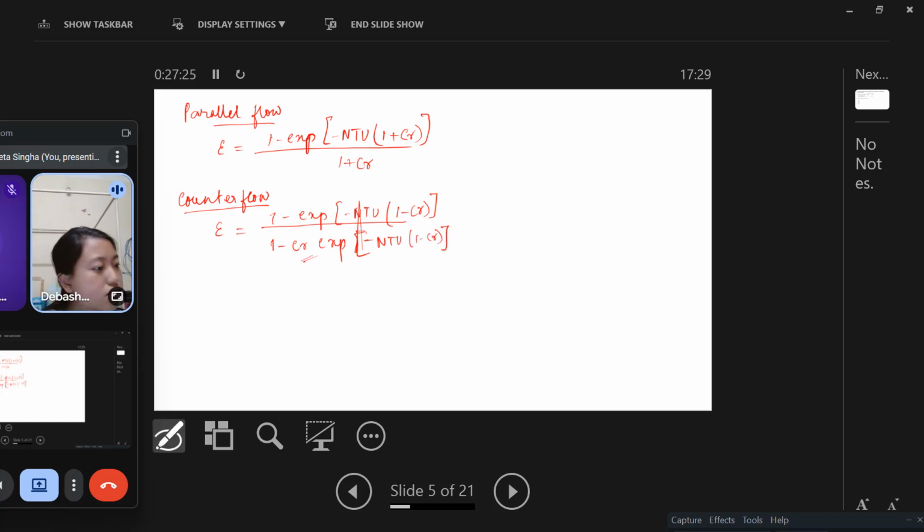So this CR is the capacity ratio, meaning the ratio between the minimum heat capacity and the maximum heat capacity. For shell and tube, it is very big.